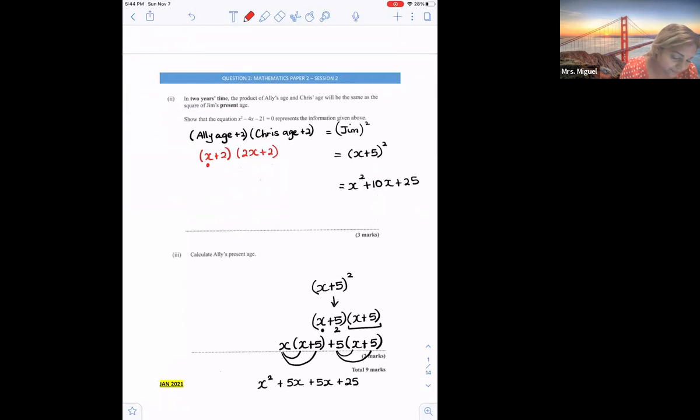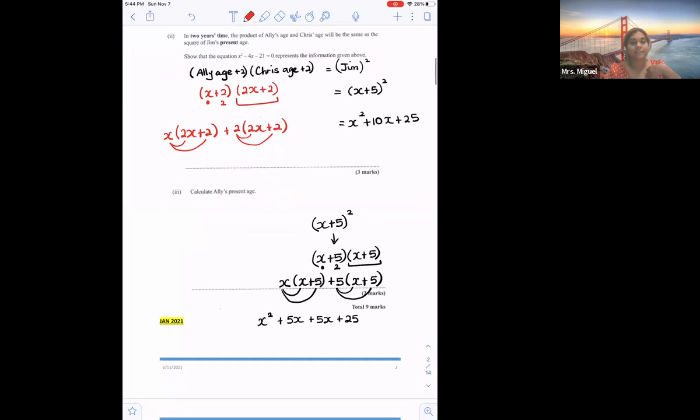You're taking this first x, and you multiply it by this whole thing, just how I did it. Then you take the second term, which is 2, and multiply it by everything inside here. So take it out and try it and see if you can simplify it.